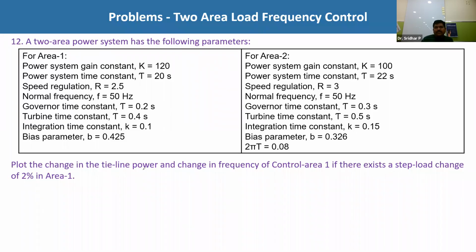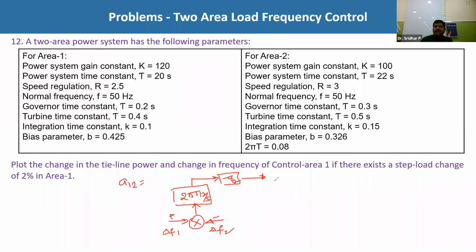Why it is necessary: you have to calculate A12, because between the two areas, this is the delta F1, it will come to a summer point. This is delta F2, this is minus and this is plus. The resultant goes to 2 pi T12 by S. Then on the right side, this is minus A12, then this is delta P tie 2.